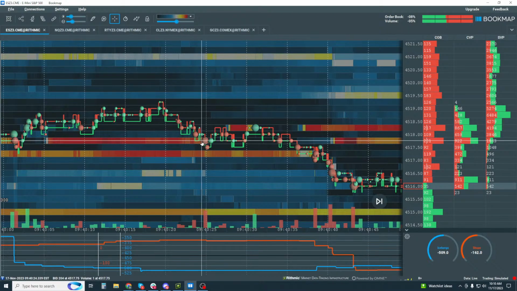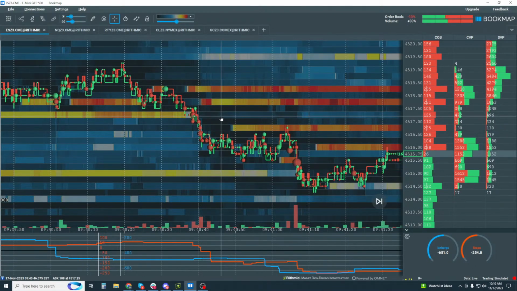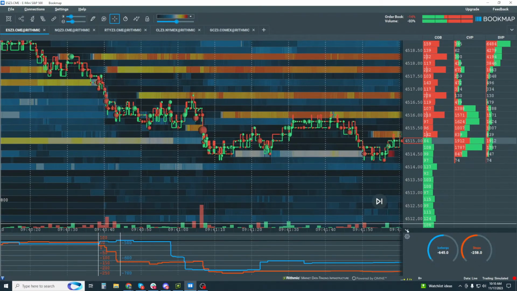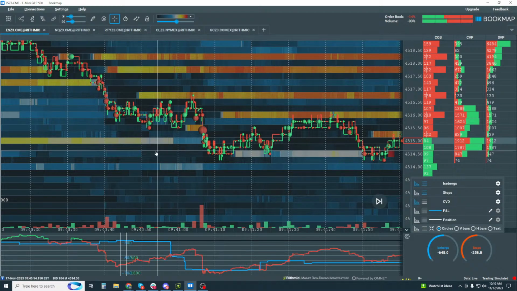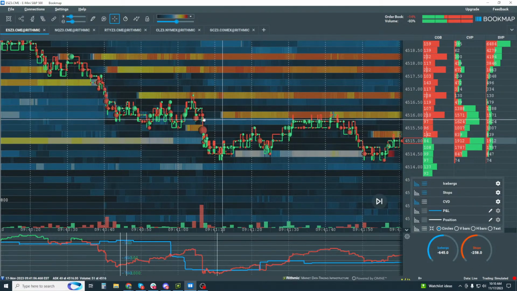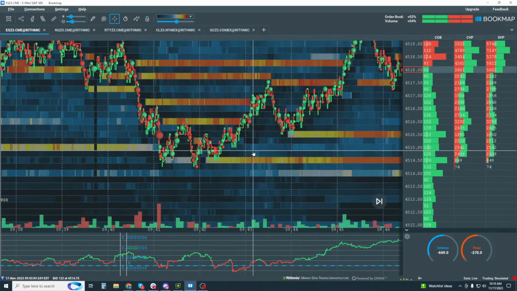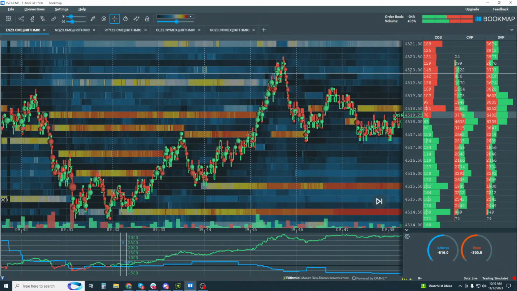There's some absorption, but absorption all over the place on the way down as well. And here we should see the market move. The CVD should be lower as well on here. That makes sense. It is, because I don't see a lot of that buying like previously, and this move makes sense as well. Yeah. All right.